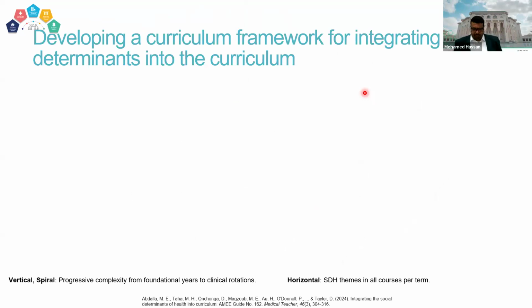So all these, taken into consideration, are important driving factors for thinking critically about the social determinant of health. So how can the curriculum developer and the program developer think about integrating social determinant of health across the curriculum?